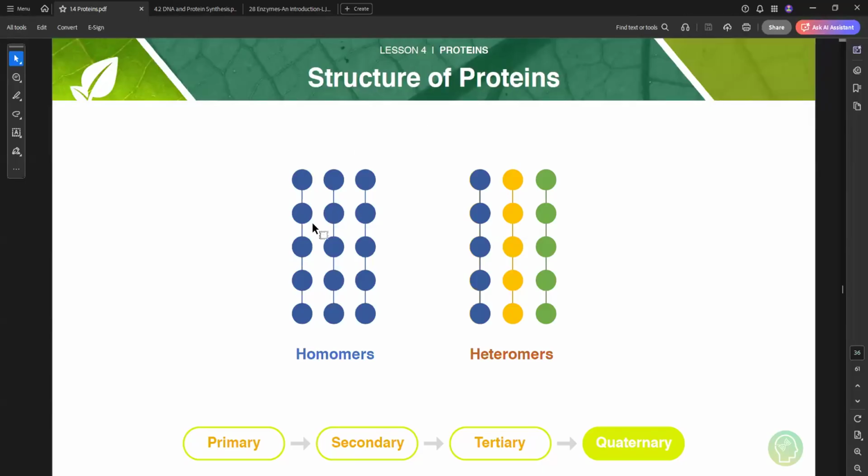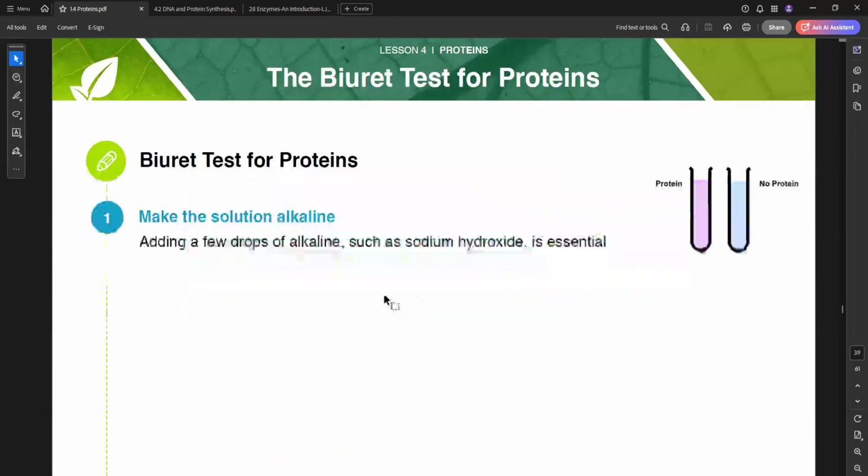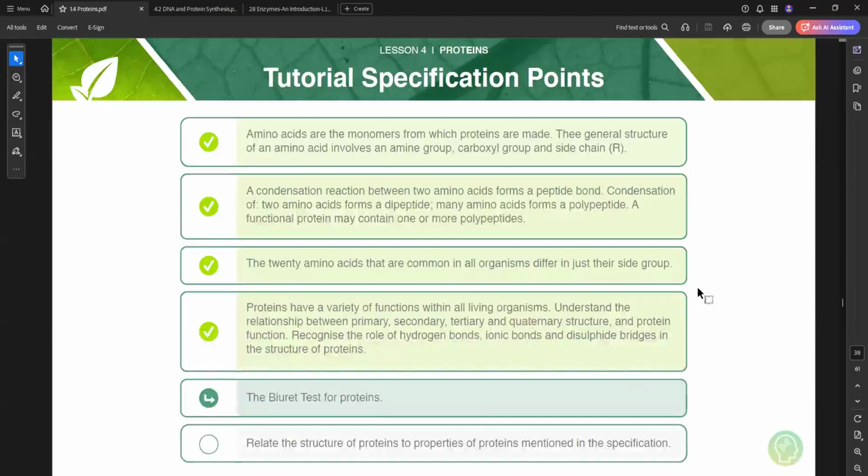So going back to my hemoglobin example, there are two so-called alpha chains, which are one type of chain, and two so-called beta chains, which are a different type of chain. So it would be a heteromer. Okay, fine. And again, this is just building up that language that we've already explored. Fine. Any questions about that?